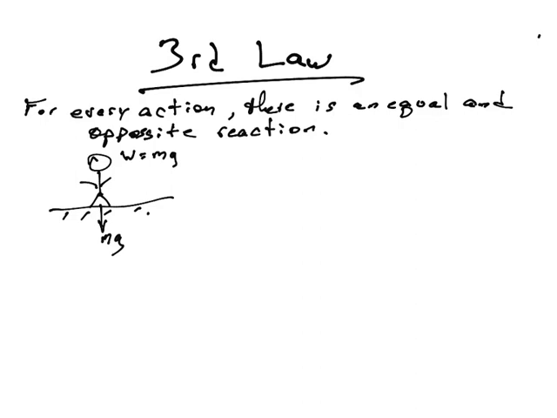Now, obviously, you're not falling through the floor. If we consider Newton's second law, which says the sum of the forces equals ma, if this is the only force that exists in the system, then you'd say, okay, there's a force acting on you, which is mg downwards. That's the only force there, so that must be equal to ma.